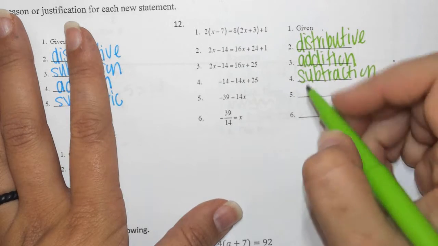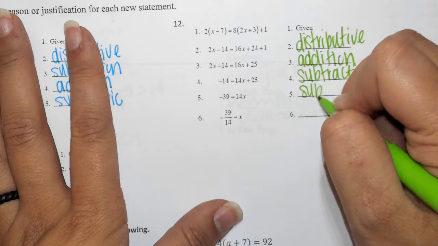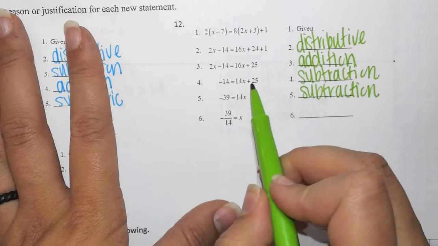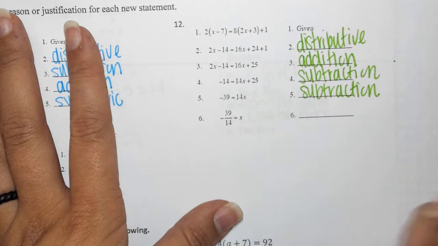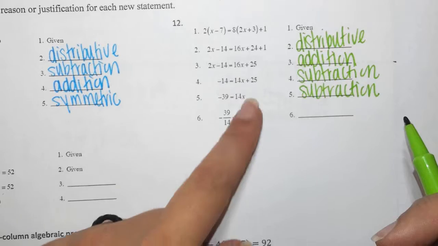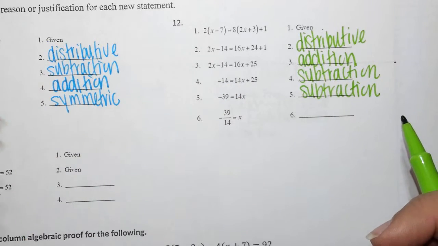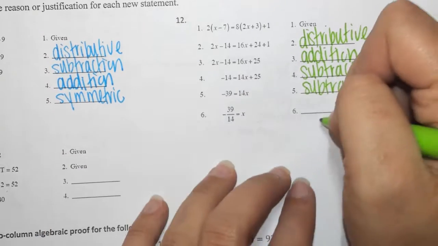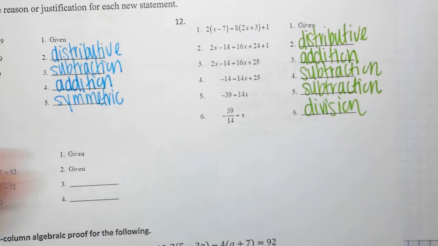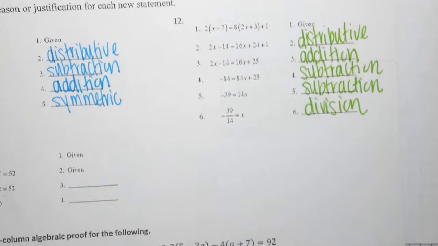Number 5, they what? Subtraction again. They subtracted 25 to move it over here to the negative 14, because you got to move it across the equal sign. Yep. And then what's the last thing they did? Division. Are we done with 13, or do we need a minute?